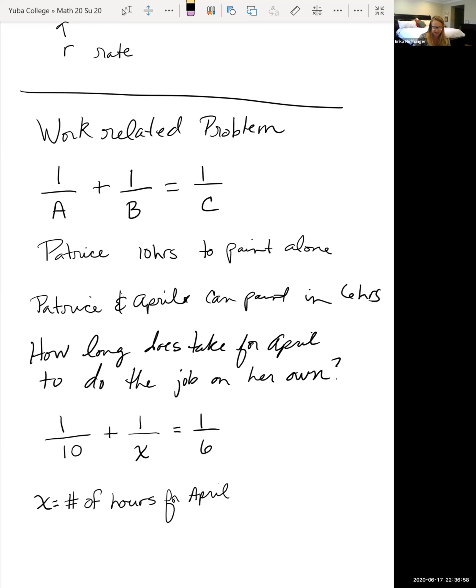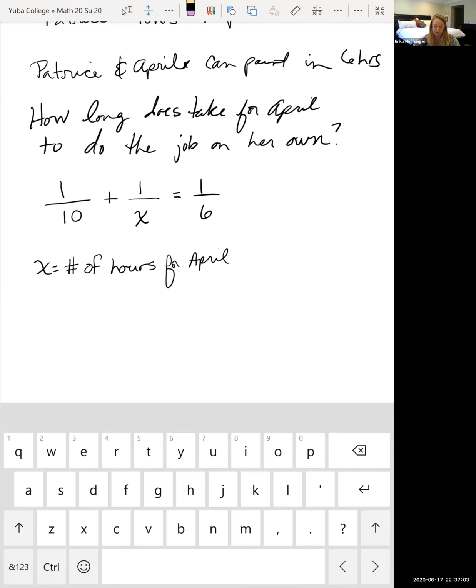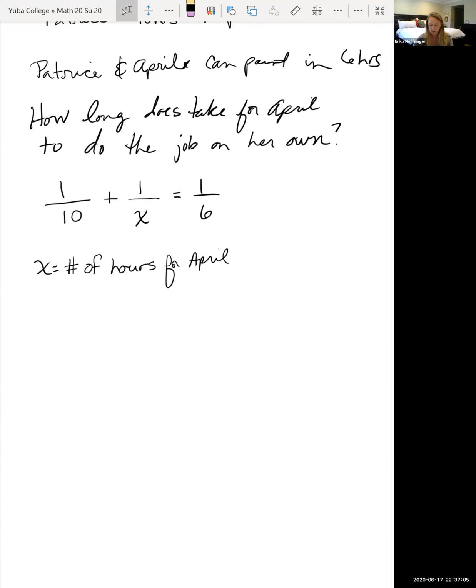Okay, so we've already dealt with this type of problem, a rational equation. We can clear the fraction by multiplying by the LCD, try to figure out the smallest number 6 and 10 go into. I think it's 30, and then we also have the x, so our LCD is 30x.